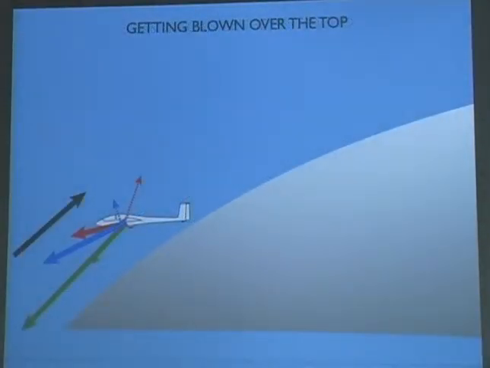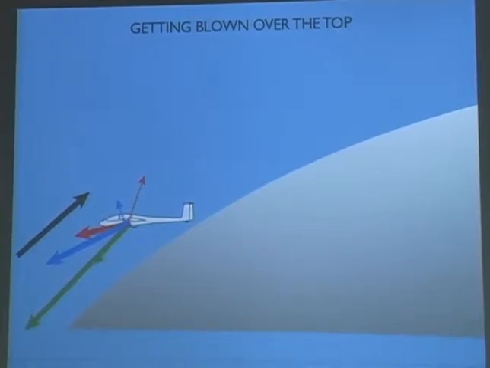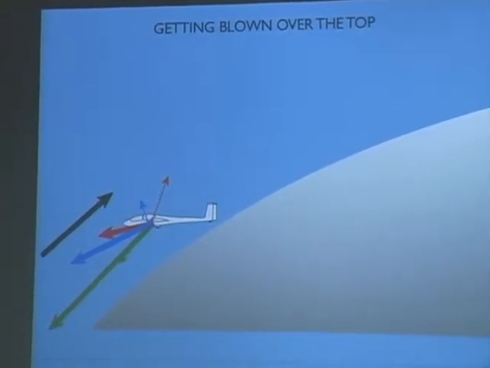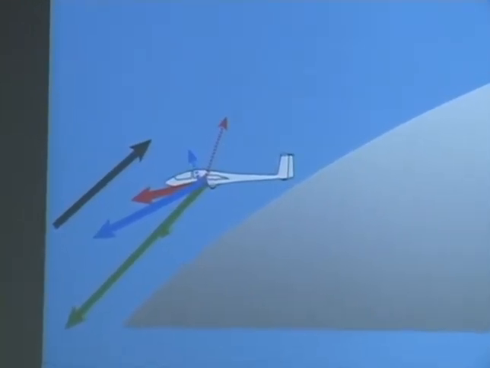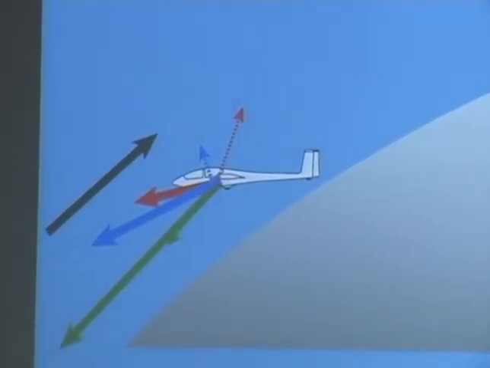Okay, now we're going to talk about some high wind stuff at altitude once you're up there safely and flying. So what I've done here is I've drawn three different airspeeds, and you can see that's just the shape of the polar of the glider.